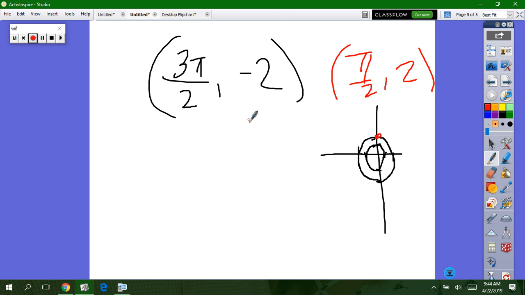Or you could say negative 3 pi halves, comma 2. Because I would start here, go all the way around. Okay, do you guys feel like you could graph points using a radius and a theta? Okay, not too bad, right?